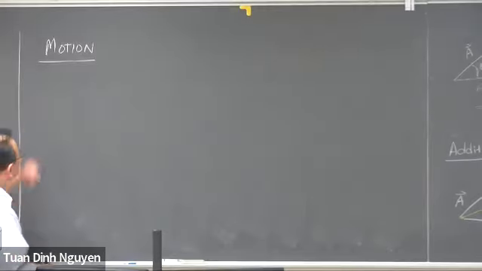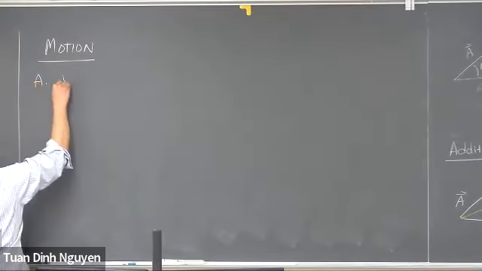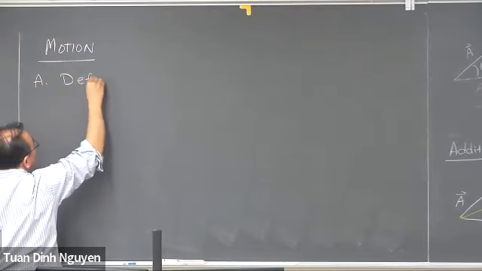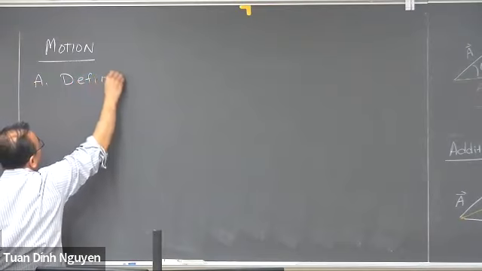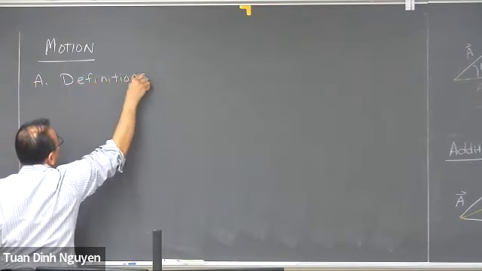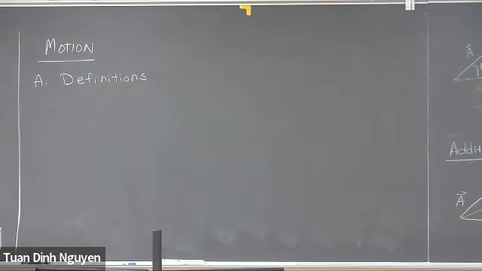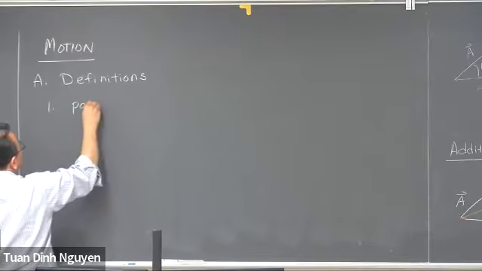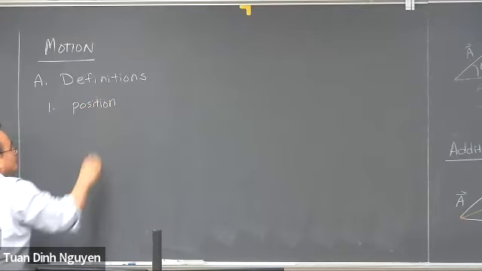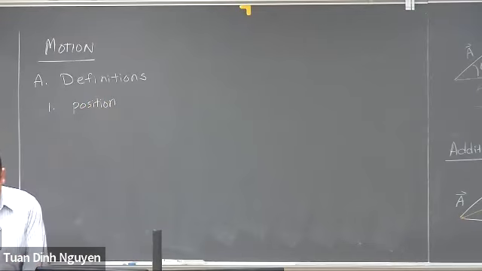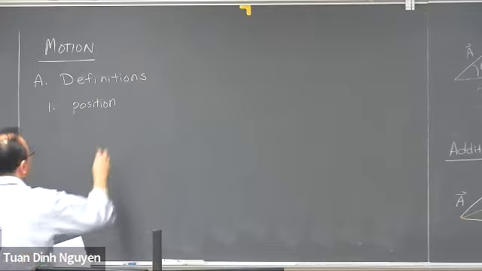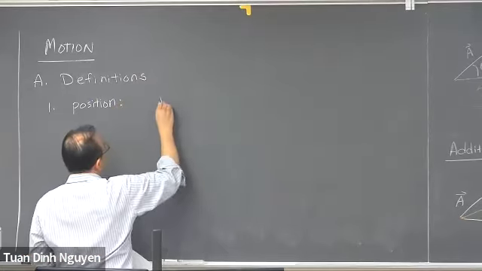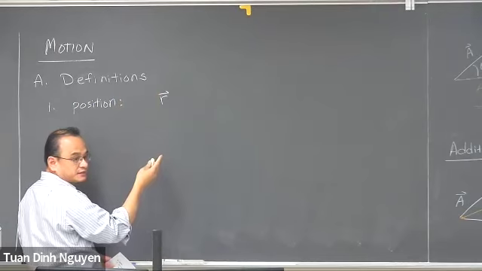Okay, first thing about motion is we have definitions. So you should remember all your definitions. For example, position. And now that we know how to write vectors, we'll do the general case where a position is actually a vector.